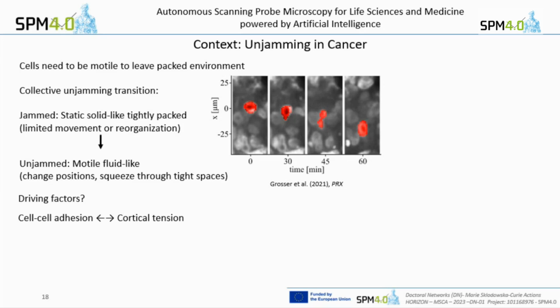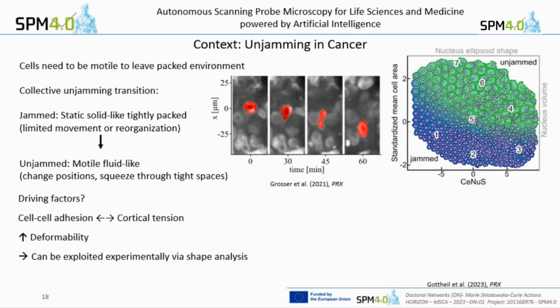But what's clear in all of this is the consequence that the cells that undergo an unjamming transition are much more deformable. And this higher deformability is something we can exploit again with optical methods. That's why I showed you all this spheroid and H&E data before. And here again, this is from the paper of Pablo Gottheil.